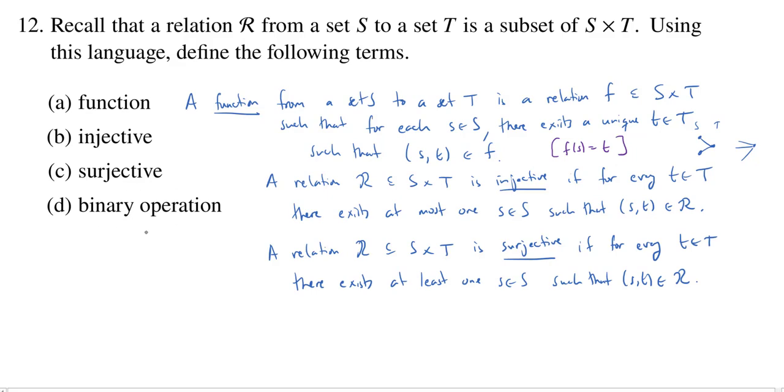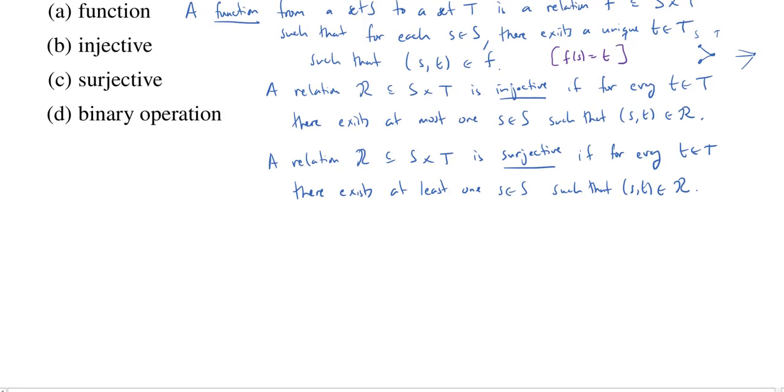All right, finally, we have binary operation. And we have to make a small adjustment here. We don't have a binary operation from a set S to a different set T. A binary operation is always on a set to itself, and really a Cartesian product of a set with itself.